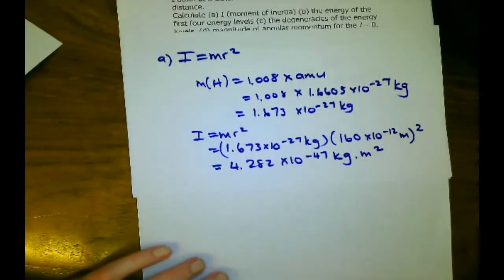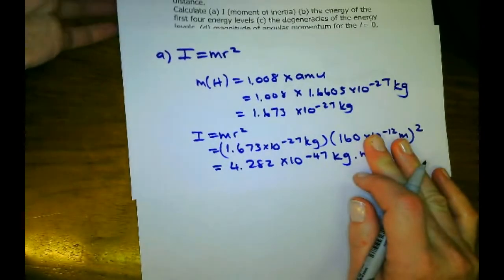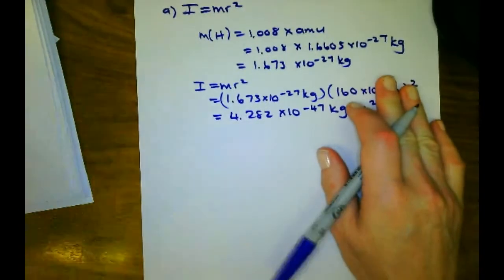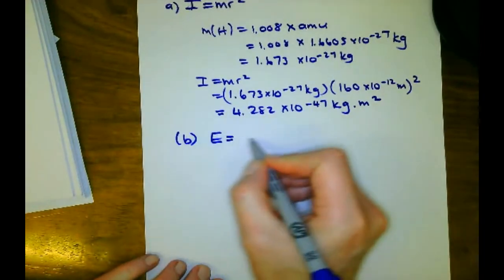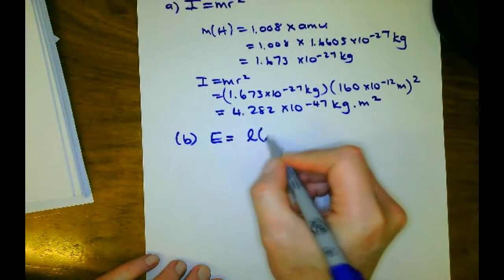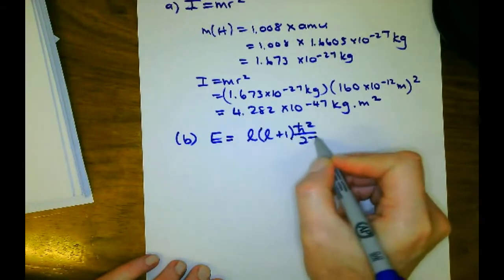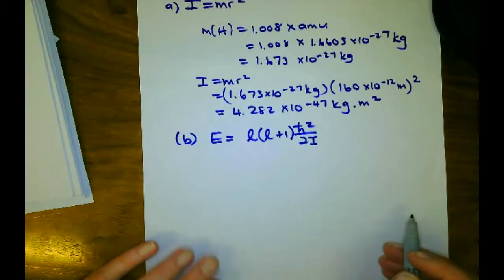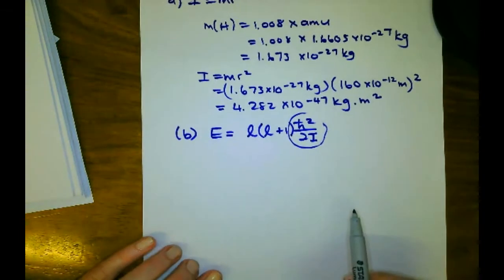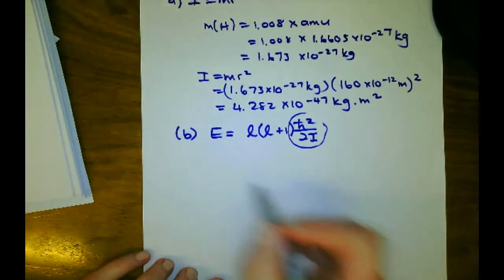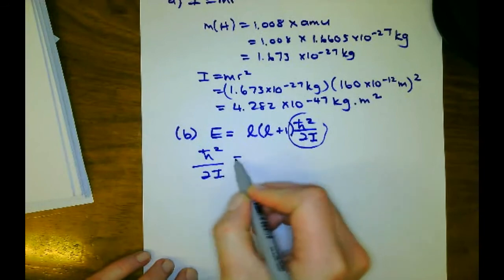Second part of the question asks us to calculate the energy of the first four energy levels. So we have just seen the energy expression, independent of the quantum number m_l. Because we have this part in this expression that we're going to use for all four energy levels, let's just calculate that first.